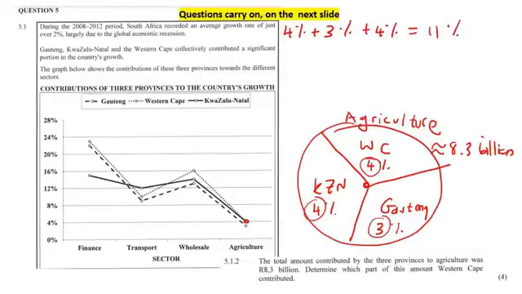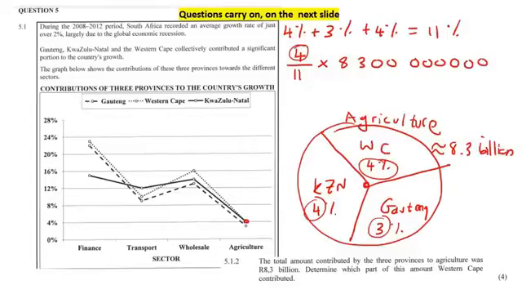Now, what part is the Western Cape? Well, that would be 4, okay? So we could say 4 out of 11. That's the Western Cape's contribution, and we know that we could then multiply that by 8.3 billion. So we can see what 4 parts out of the total of 11 parts give us.